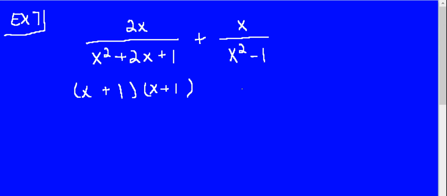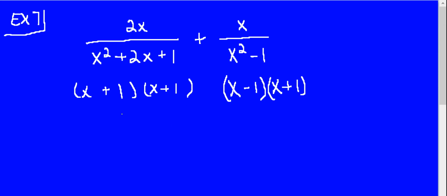And on the right side, this denominator is, when I factor it, the difference of 2 squares. So it's going to be x minus 1 times x plus 1. Okay, so my goal again is to get these to be the same denominator.